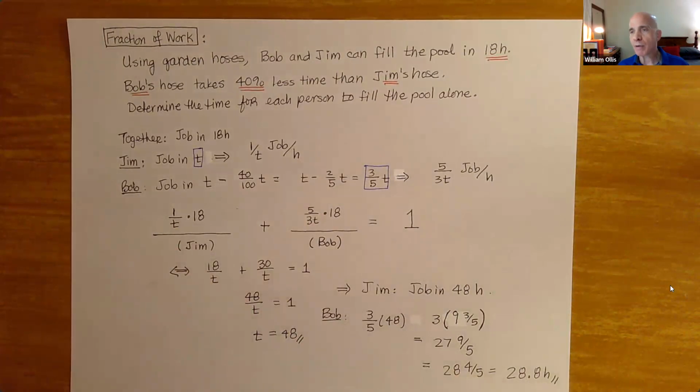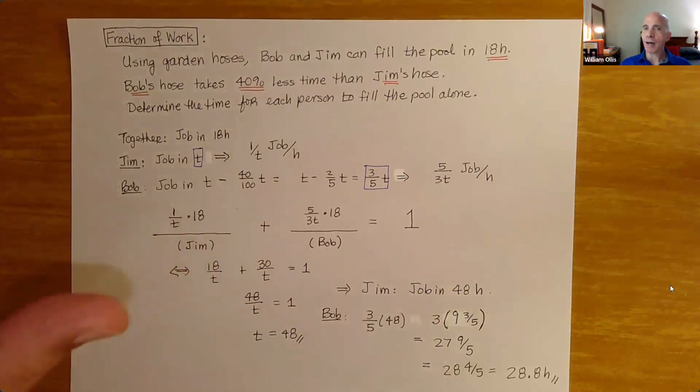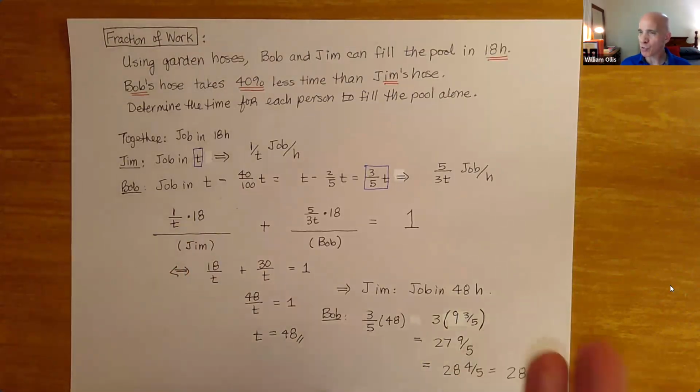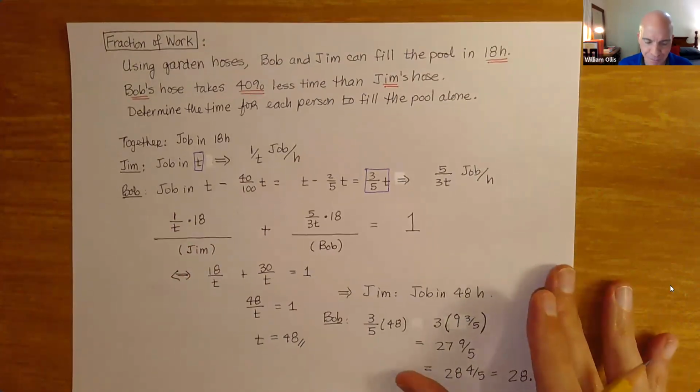So when you think of uniform motion, the fraction of work is the same. Everybody's working at a particular rate to get the job done. So what we think of in this particular case is the term fraction of work. And I want to describe to you how we get that, because right now it just seems a little bit like, well, that's just a made up term.